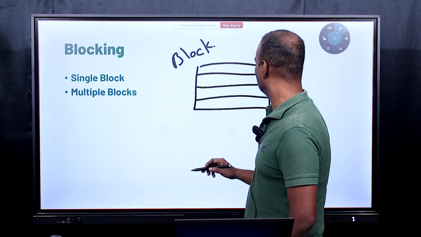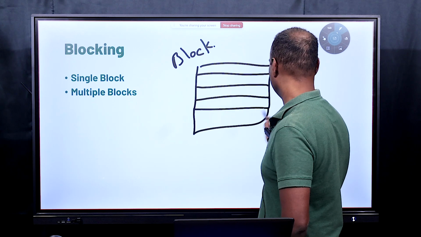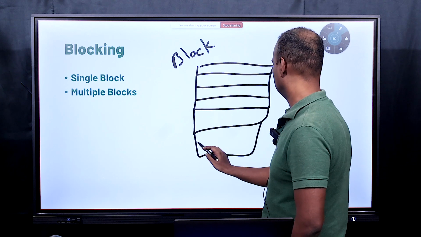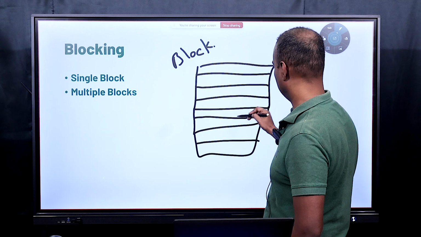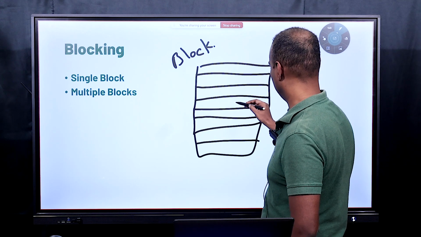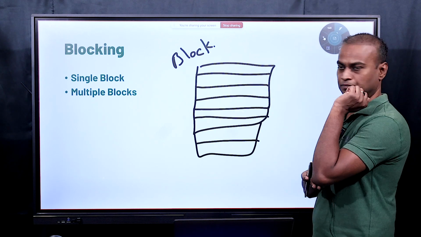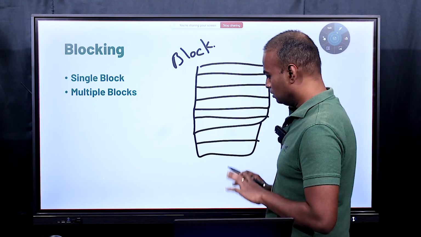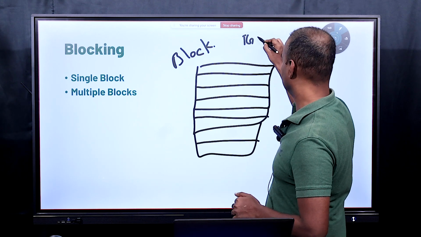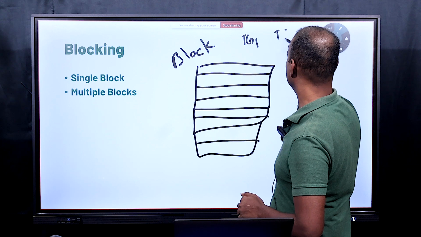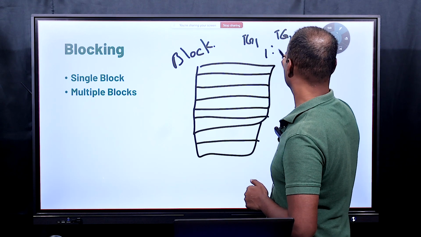Think that we will go to multiple blocks first. So there are 8 blocks here. In those blocks, think that there is treatment group 1 and treatment group 2. I want to achieve the ratio of 1:1.